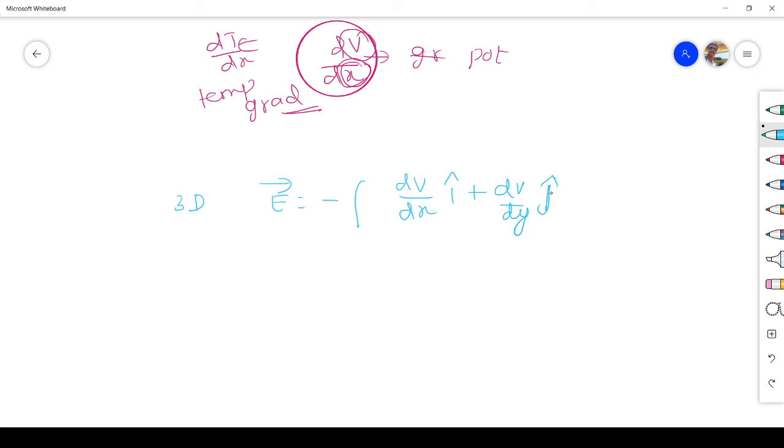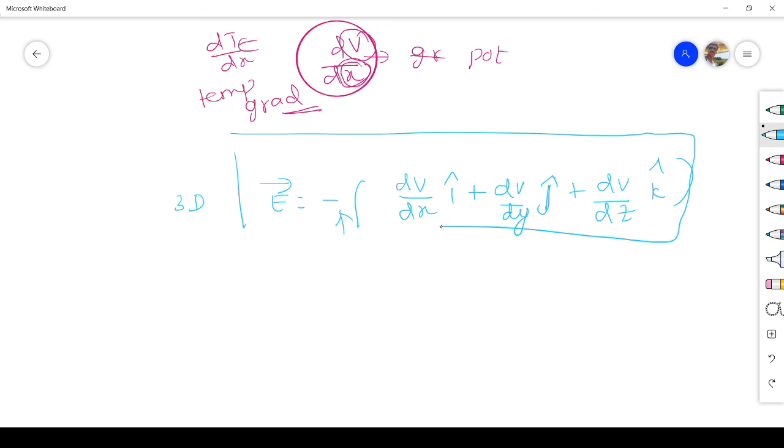The y direction is j, we know. Similarly, how is potential changing in the z direction? k. As usual, negative, right? So it is for the 3D, 3 dimension equation. For 1D, E is equal to minus dV by dx. It is a 1 dimension equation. Clear or not? So this we must know.